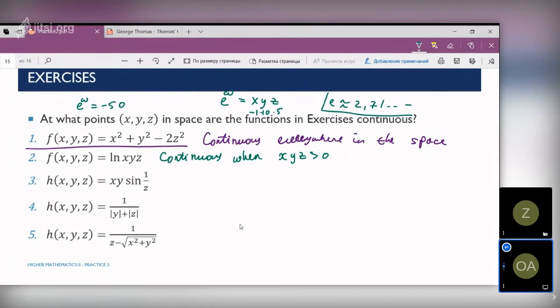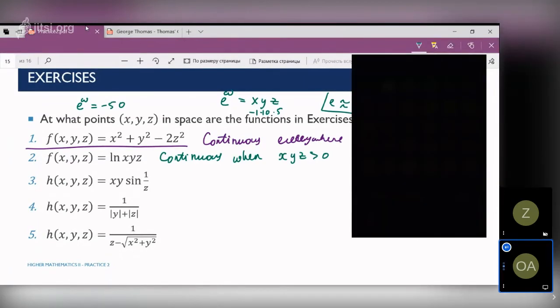Try to find the answer for this one. x and y will be continuous, but z I think not, because z is in a fraction, 1 over z. It's in the denominator, so it should not be 0. The function will be continuous when z is not equal to 0.